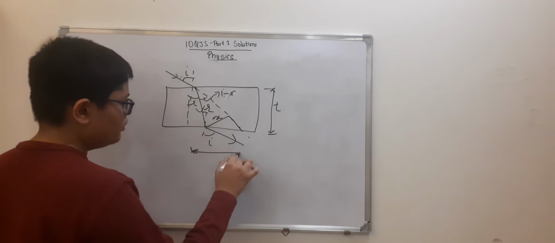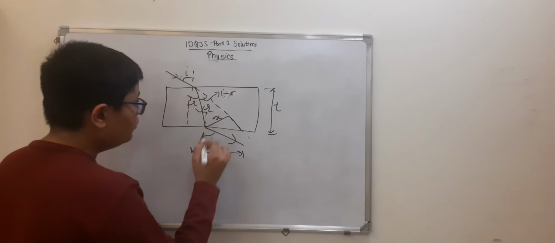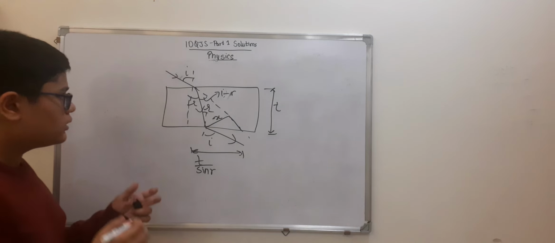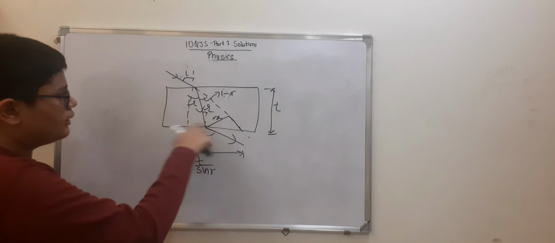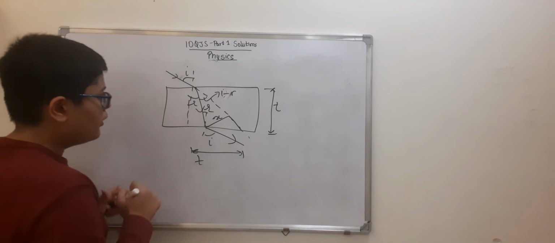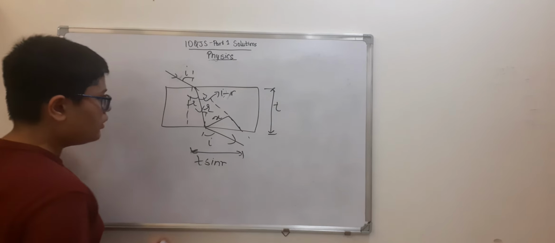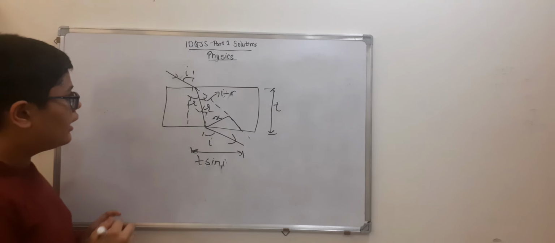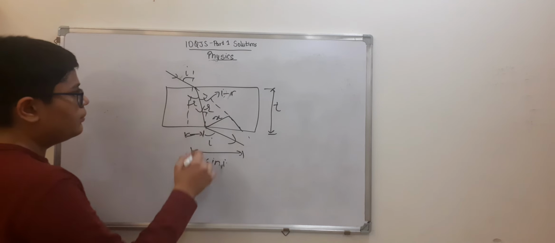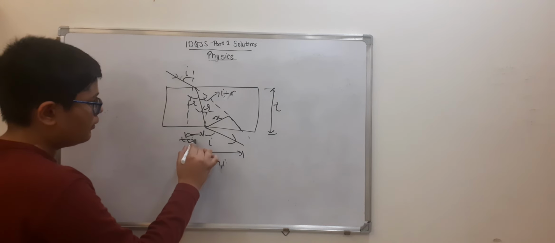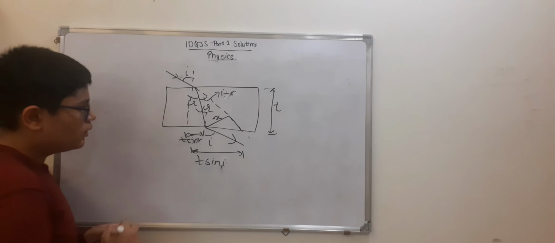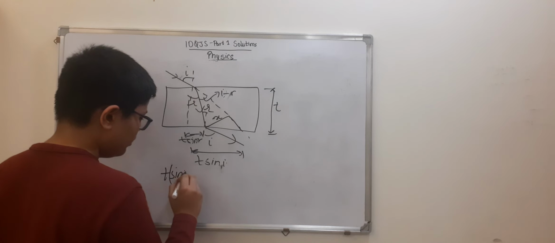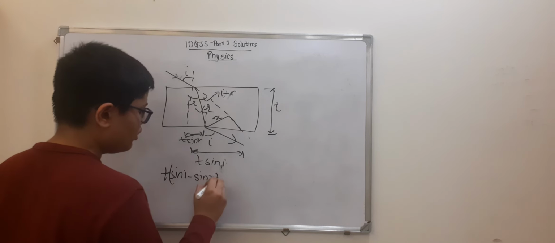This length will be T into sine I, because this angle is I, and this length will be T into sine R. Now this length will be T into sine I minus sine R.